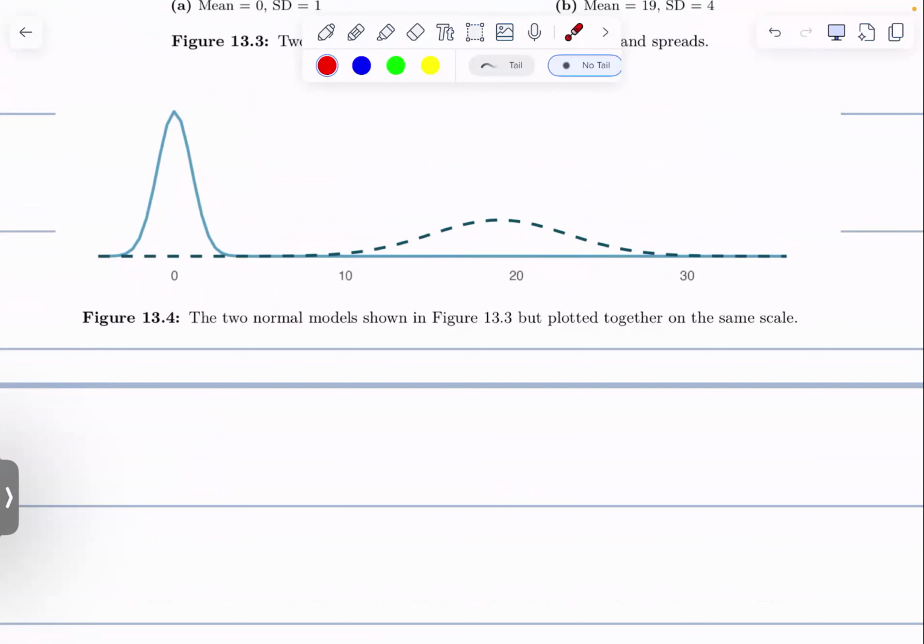Nice and flattened out. Remembering that the total area is 1, right? So if you have more spread, then it kind of flattens out. And if you have very little spread, right, then everything kind of happens close to the mean, right? And so then we get this kind of nice high peak.